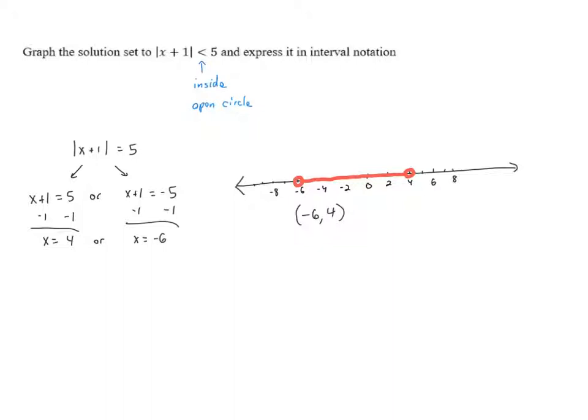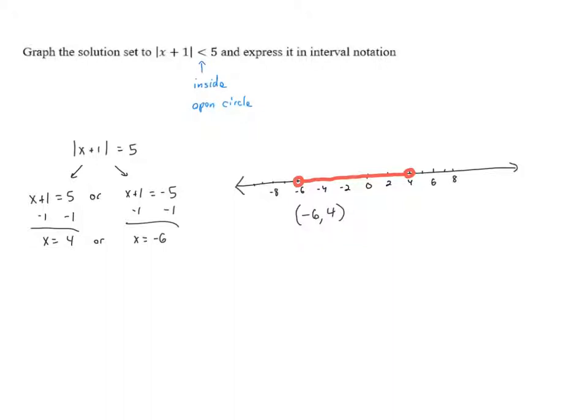But if you end up plugging in 4 and -6, what's going to happen is you're going to end up with 5 on the left-hand side, or -5. And when you take the absolute value of that, it ends up being equal to 5, not less than 5. So those are open circles because those are the numbers that make this an equation when we really want it to be an inequality. So those are not part of the solution.